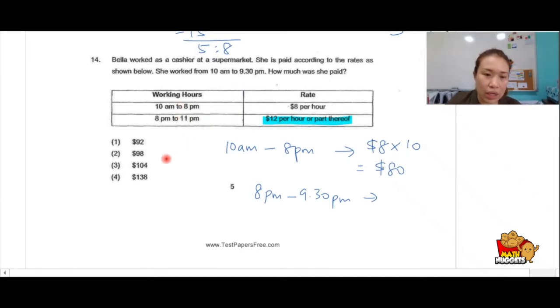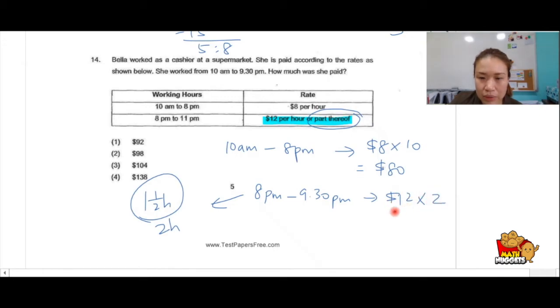So this 1.5 hours here is actually considered 2 hours due to the part thereof word. Okay, so 2 hours, 12 times 2, $24. So what is the total amount that she got paid? $80 plus $24, $104. Option 3.